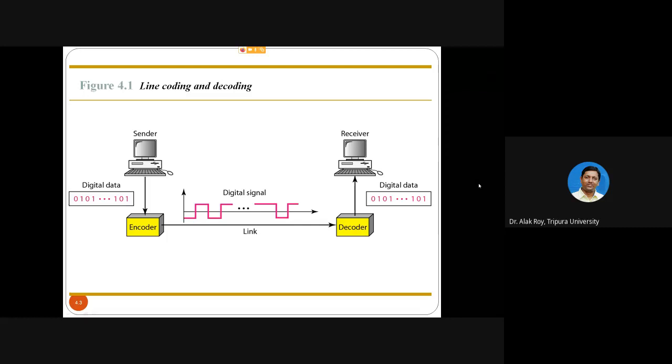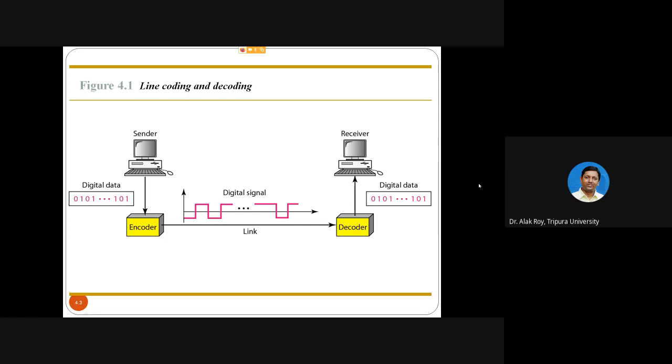See, what is our input? Our input is binary data or digital data in the form of 0101. At sender side, encoder will encode this digital data to output form digital signal, 0 for low, 1 for high, and there will be a link between encoder and decoder that will transmit the digital data in the form of digital signal to the decoder.